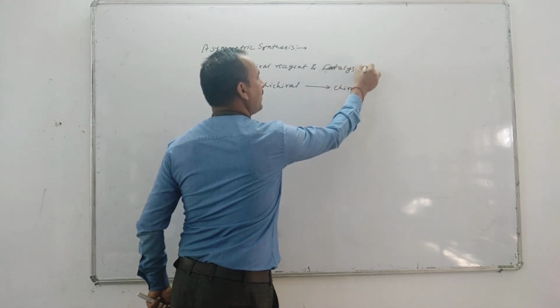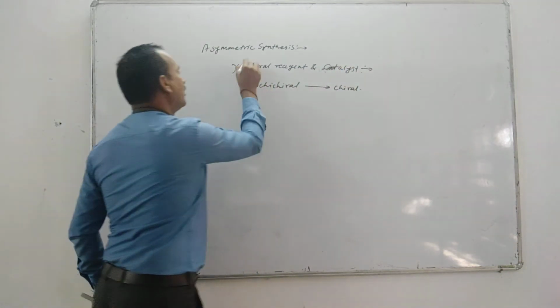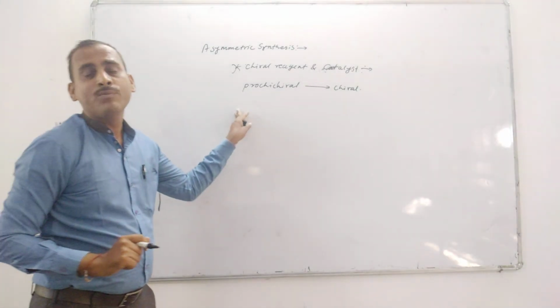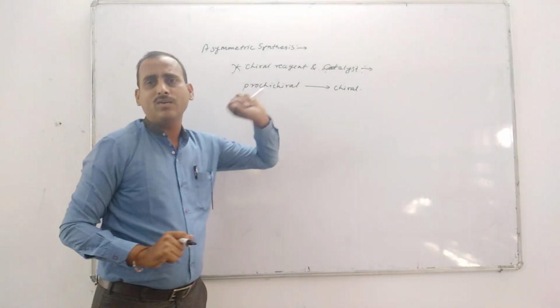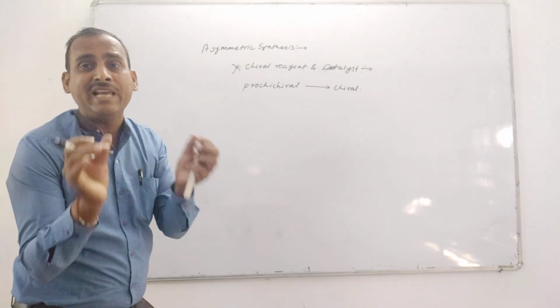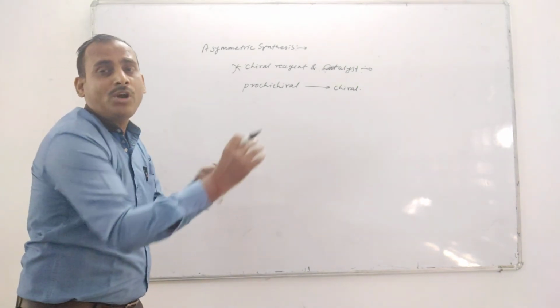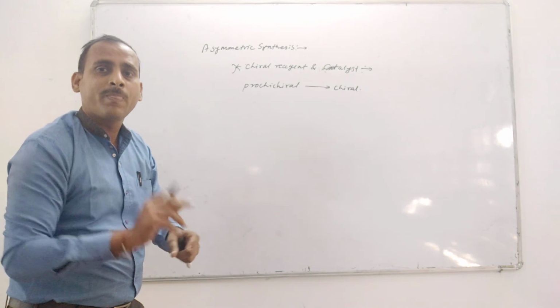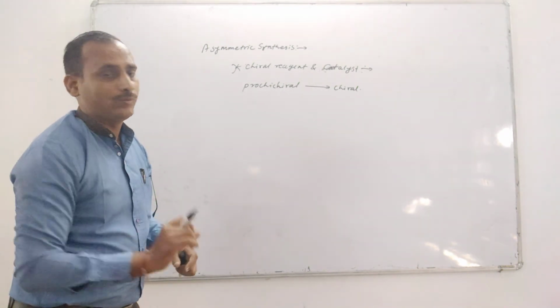In that, the prochiral compound is converted into chiral compounds. The prochiral compound is optically inactive, but the product obtained is optically active.